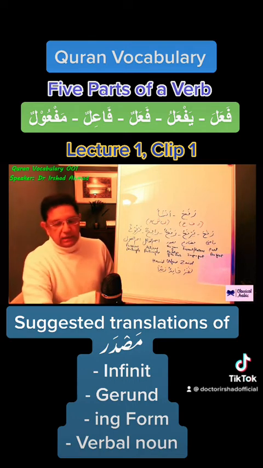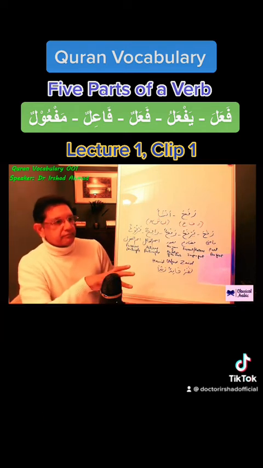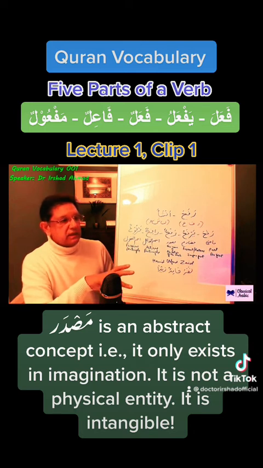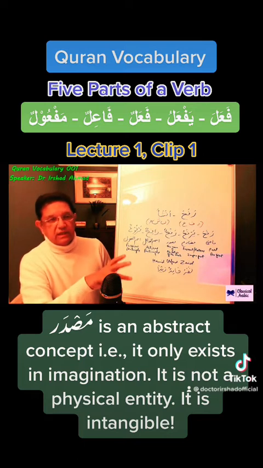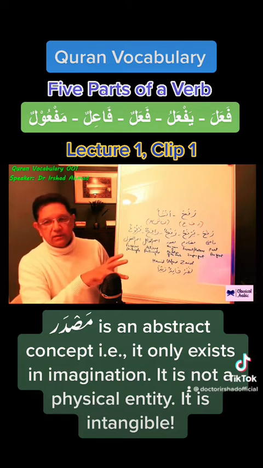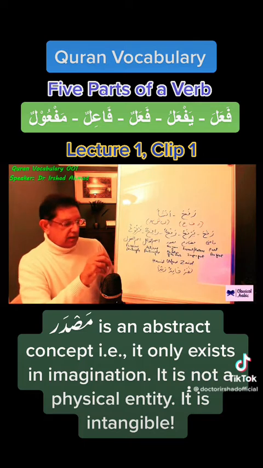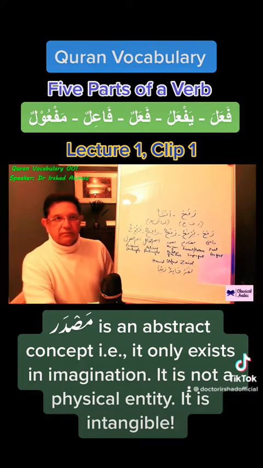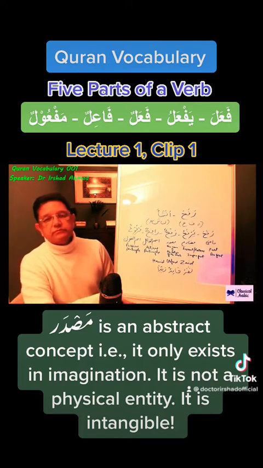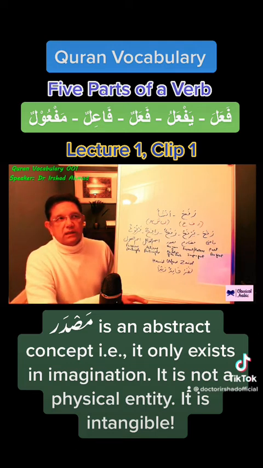And masdar is an abstract concept. I think we've talked about that in the past, which basically means that, for example, if I say I'm traveling to Edinburgh, traveling here is present continuous tense and it's a verb.